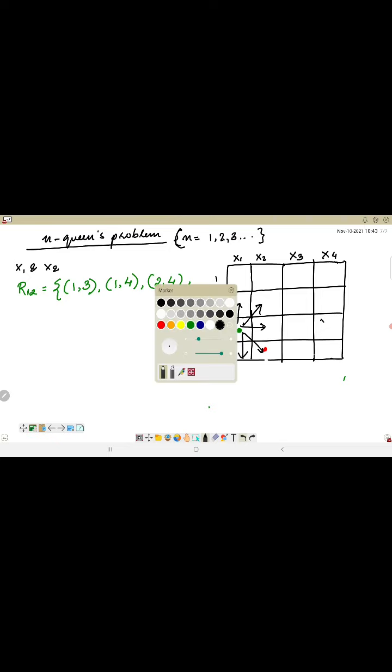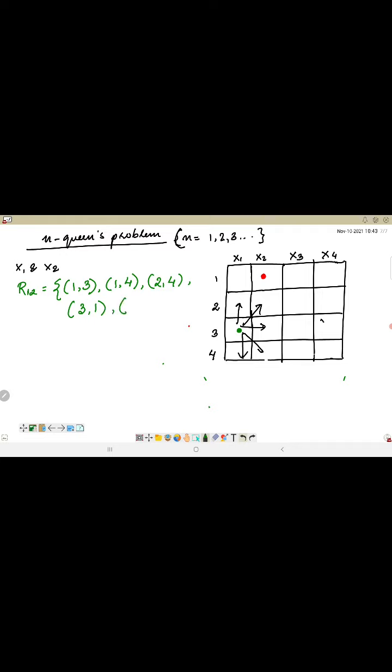So now I cannot place x2 in the fourth block. x2 will not be possible here. x2 has to be placed here, only this particular point is possible. So I will simply write it down as, if I'm placing x1 in the third block, I will place x2 in the first block.